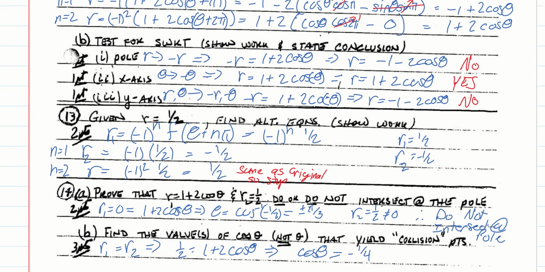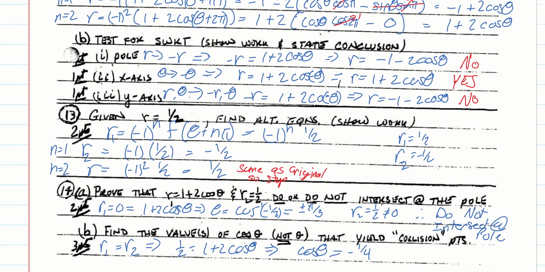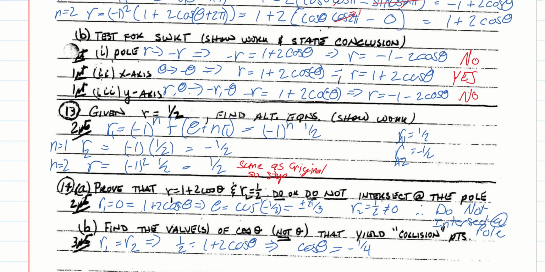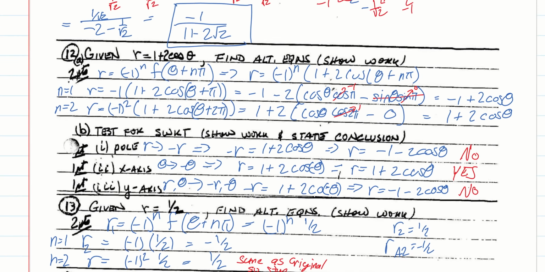Here, I'll label this R2A, and up here, this is R1, and this is R1A, alternate.